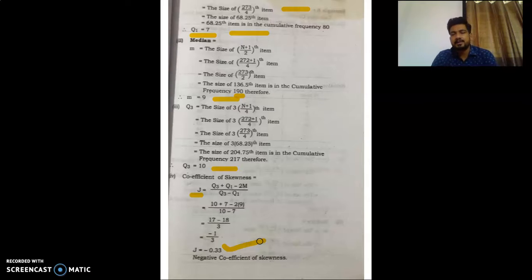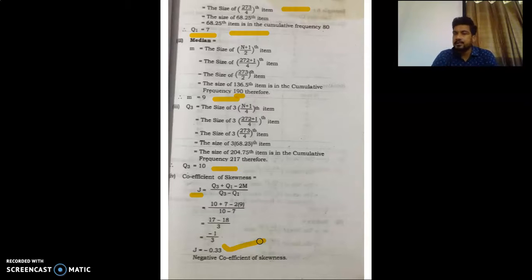As we had seen in Karl Pearson's coefficient of skewness, we need mean, mode and standard deviation. In Bowley's coefficient of skewness, the requirements are very few in comparison to Karl Pearson. Here we just have to calculate Q1, Q3, and the median.